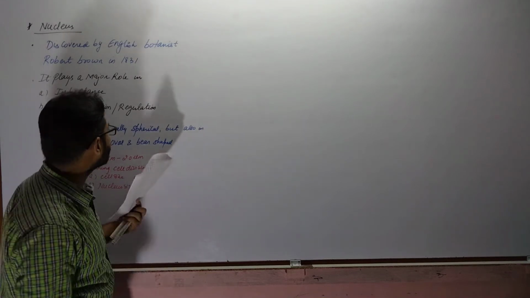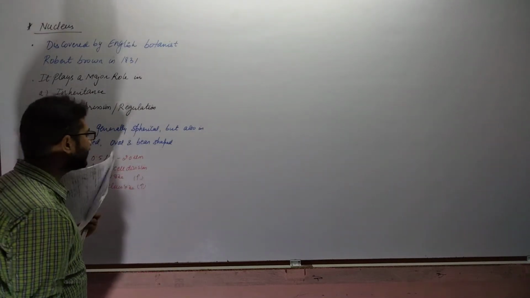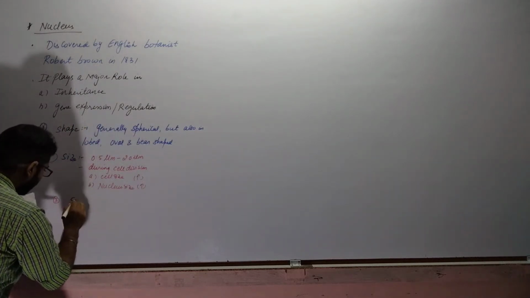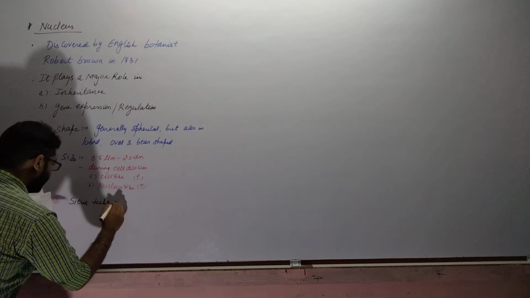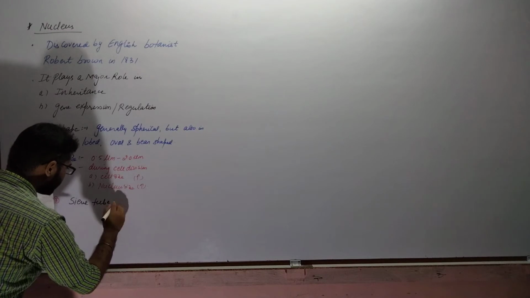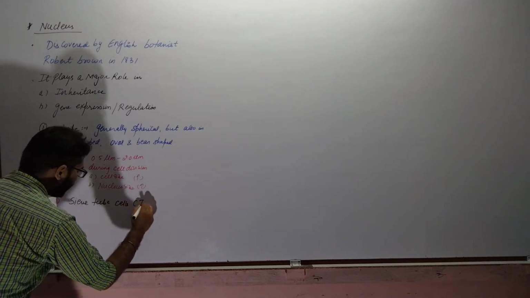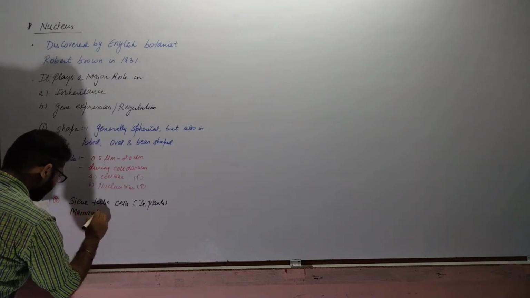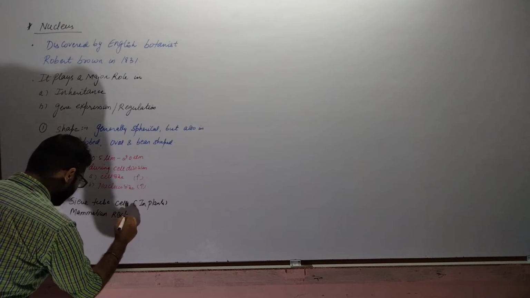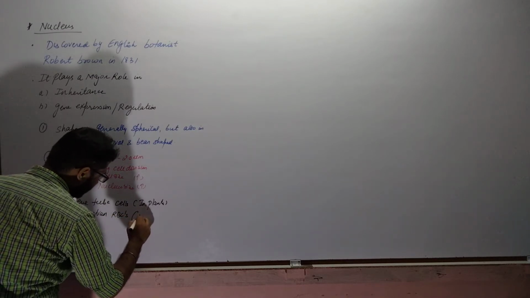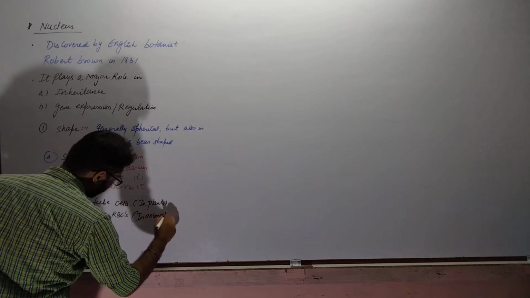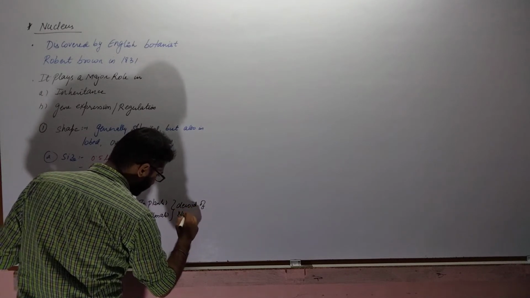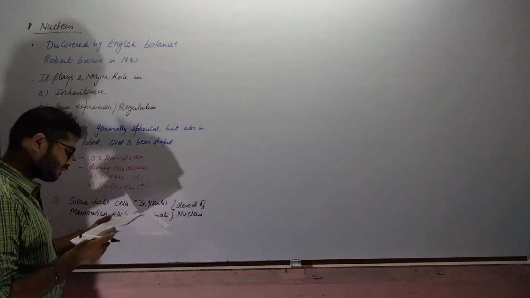The best example in case of eukaryotic cell we can consider is mammalian erythrocyte, that is RBC, and in case of plants it is sieve tube cells. They are devoid of nucleus. That means nucleus is absent.